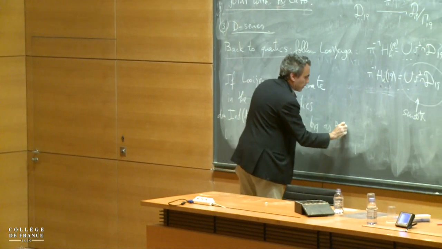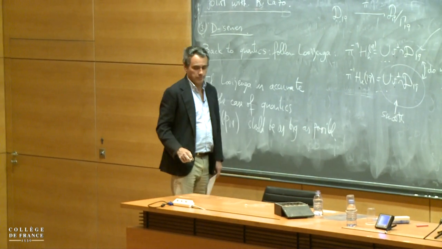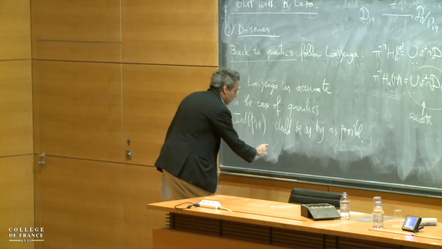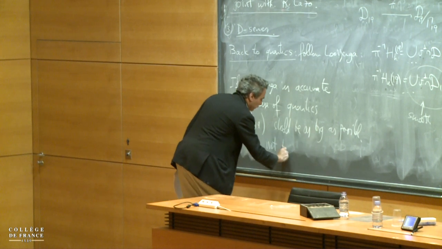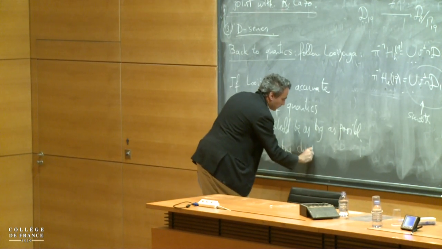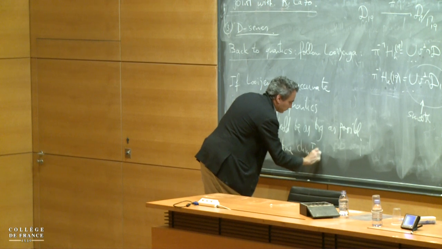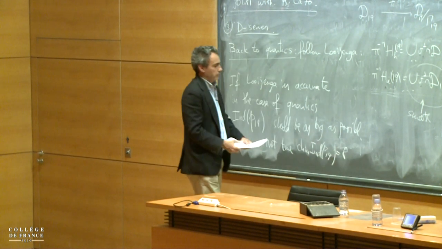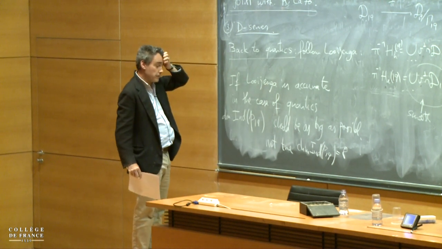Well, of course, you cannot have a divisor as indeterminacy locus, but in some way it should be a divisor. So this is not true, because the dimension of this indeterminacy locus is 8. And the moduli space has dimension 19. Okay.